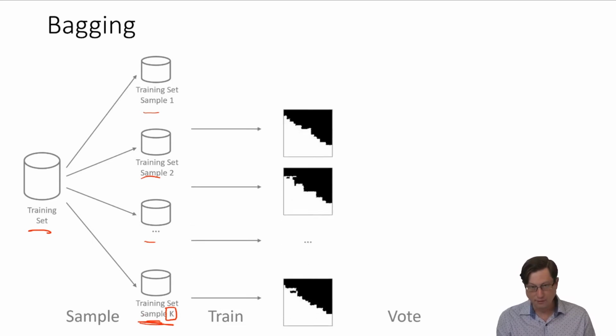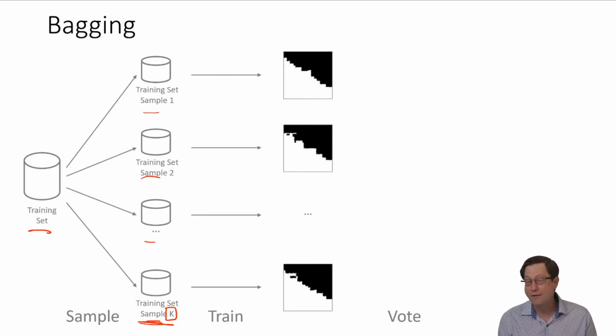Next thing you do is learn a tree on each sample, or whatever your base model is. It doesn't have to be trees, but it does have to be something that does not have a high bias for the concepts that you're going after. Generally, you would say that logistic regression wouldn't be a great choice to do with bagging. And in fact, when we get to random forest, we'll see that even decision trees in their vanilla form are not great, and that you can do extra tricks to add more variance to do even better with bagging.